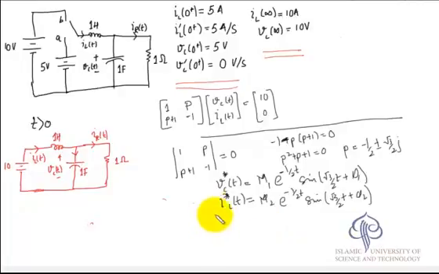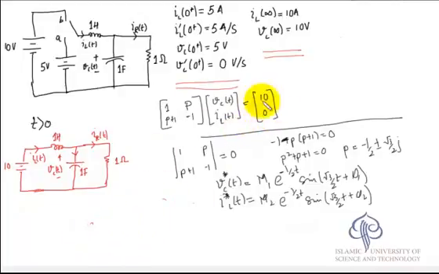Now this is the complementary function part. What is the particular integral? The particular integral is obtained by looking at the forcing function and substituting appropriate values of the variables which are similar to the forcing function.